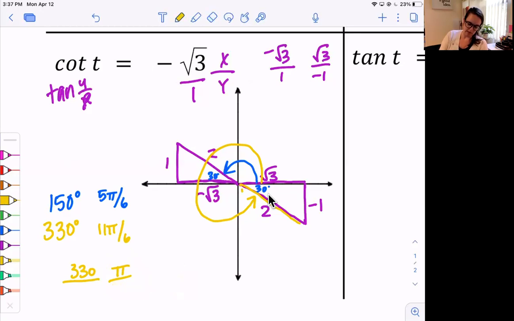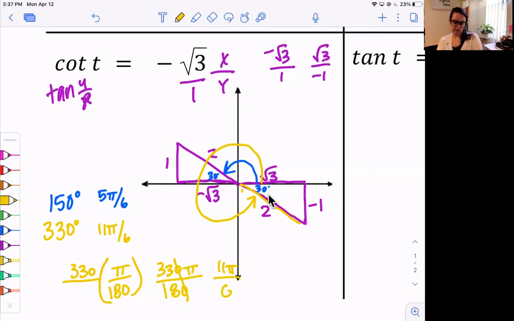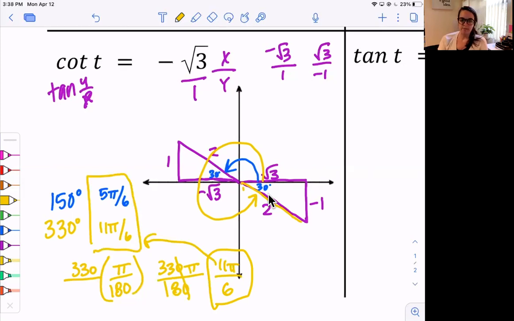That's not working. Pi over 180, 330 pi over 180, cancels there. And then you can simplify both of those by 3. So you get 11 pi over 6. And that's where that one comes from. It becomes easier and easier to just memorize them as you're working through it.